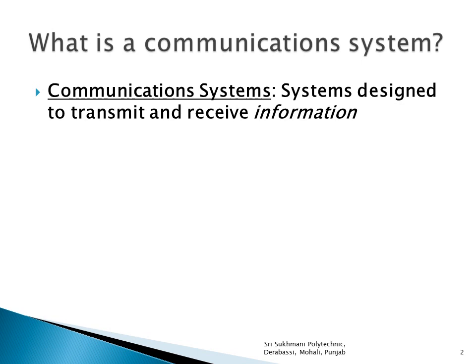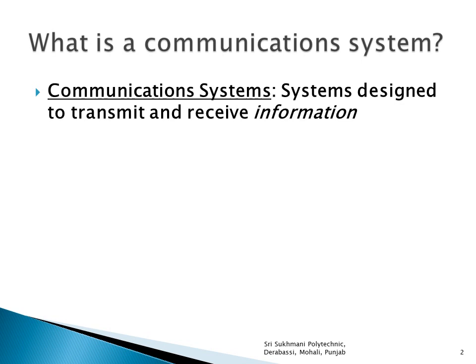It can be audio information, it can be video information, it can be a light source, or whatever. It can be temperature. Information has many forms. So if you want to transmit any information from one end to the other end, then we require a system which is known as the communication system.